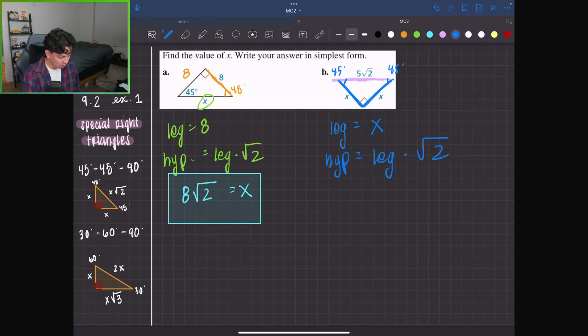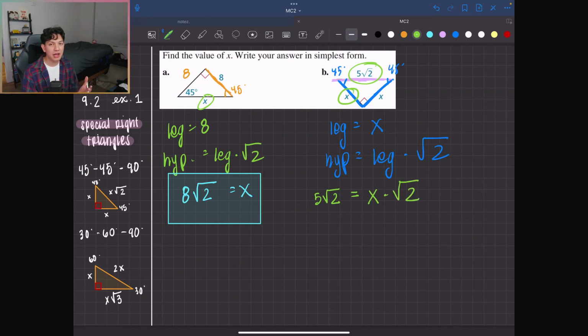Okay, so let's figure this out. If our hypotenuse is 5 root 2, you might already have an idea what the side lengths will be, but let's prove it, okay? Our hypotenuse is 5 root 2, and that's going to equal our leg. We don't know what the leg is, so I'm just going to say x times root 2.